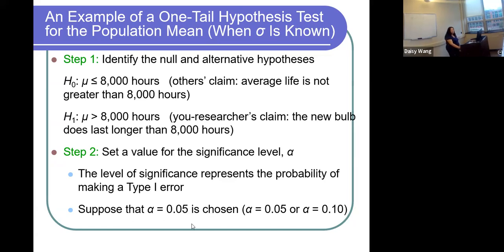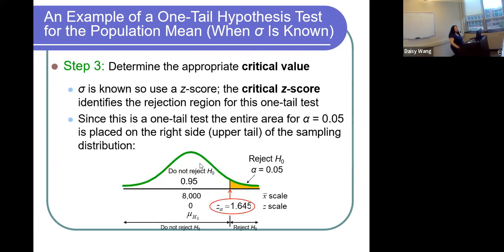And then the significance level here is 0.05, or 95%. This is 95%. So we calculate this. We convert 8120 with the standard deviation of 500.